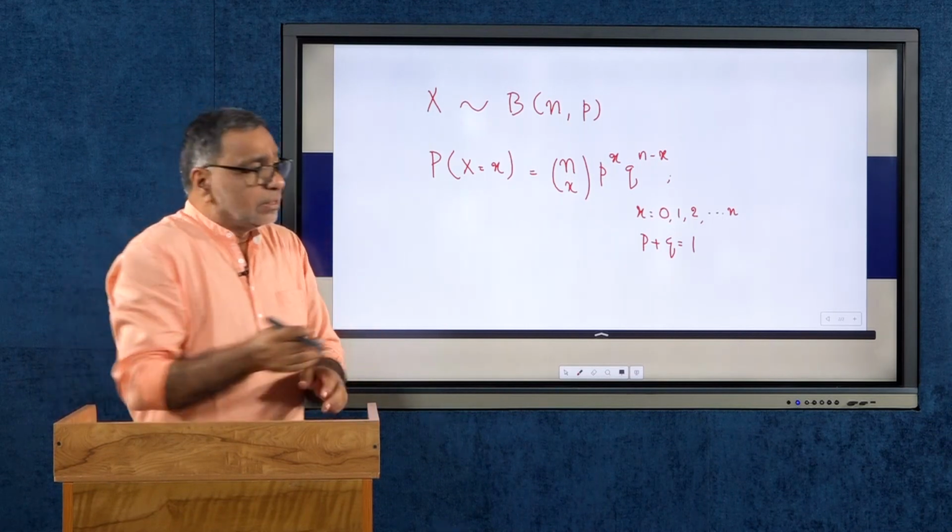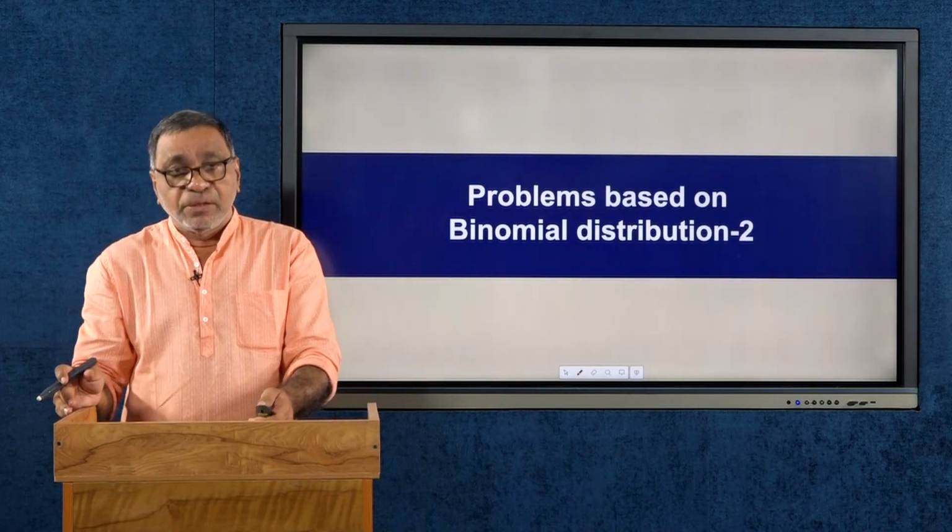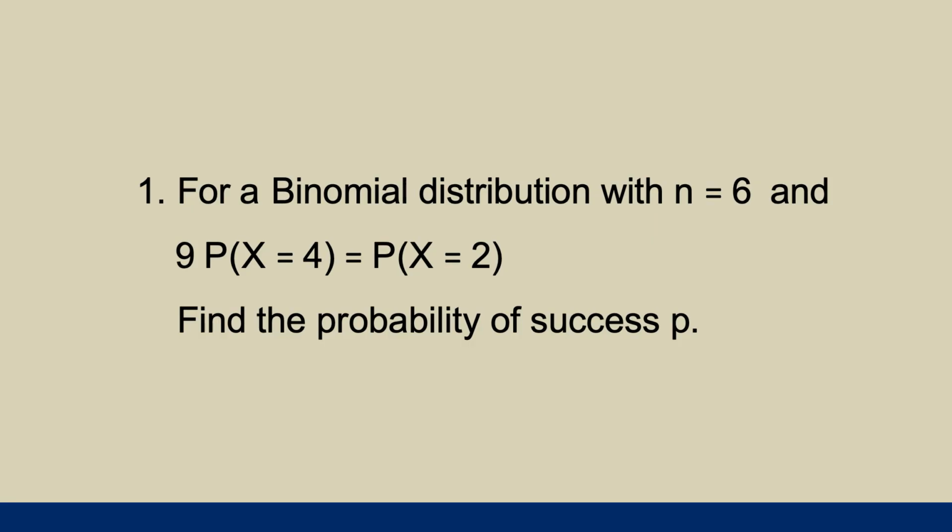Consider a problem. Suppose you are having a binomial distribution with parameter value n is equal to 6, and that random variable satisfies the equation 9 into probability of x is equal to 4 is equal to probability of x is equal to 2, and find the probability of success p.